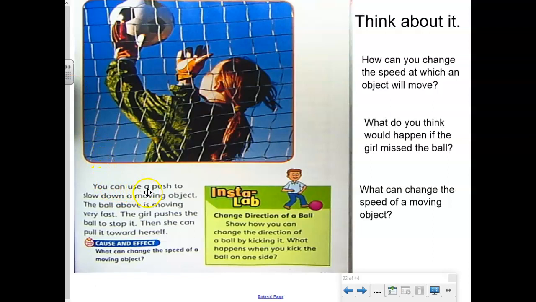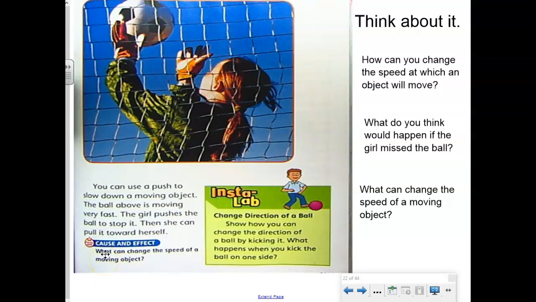You can use a push to slow down a moving object. The ball is moving very fast. The girl pushes the ball to stop it. Then she can pull it toward herself. So let's think about it.